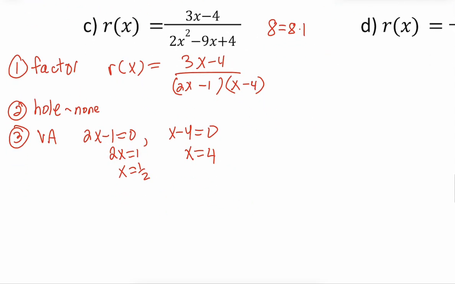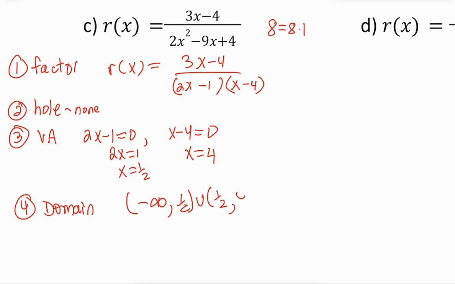So put those values in order when doing domain. I go up to the 1/2, almost get there, jump across that vertical asymptote, get up to 4, almost get there, and then I get to keep going. So you'll see how we have a skip at 1/2 and a skip at 4.